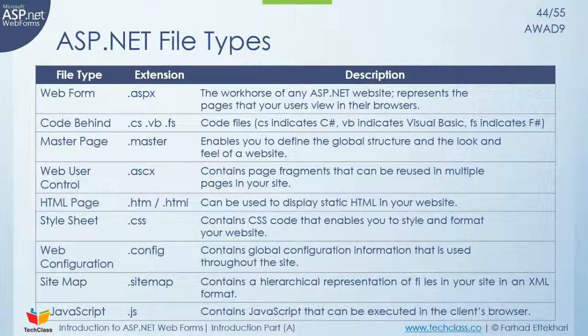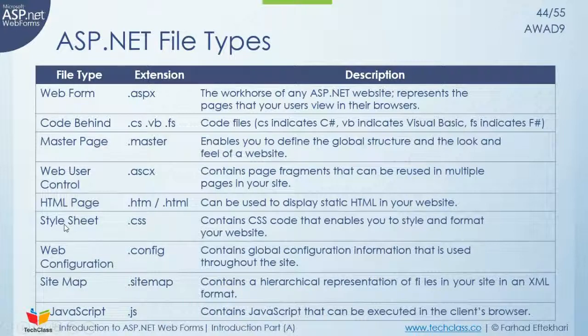And here is the full list of file types in ASP.NET. As you can see here, we have web form, which the extension is ASPX. We have code behind that, based on the programming language you're using, the extension can be different. We have master pages that the extension would be .master. Web user controls, ASCX, HTML page, HTM or HTML.